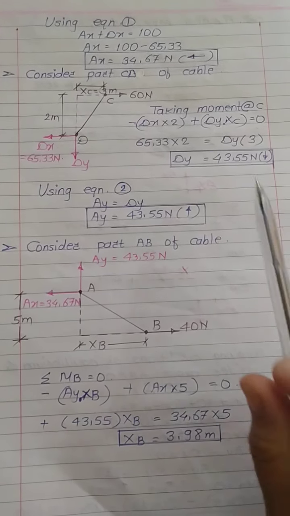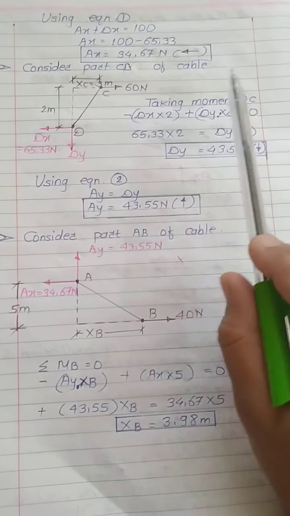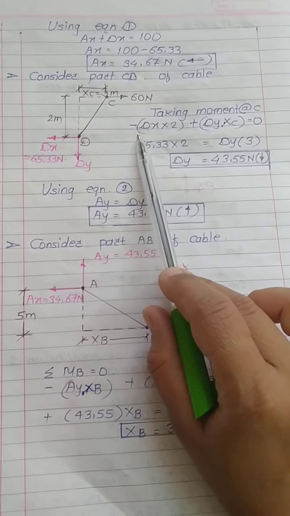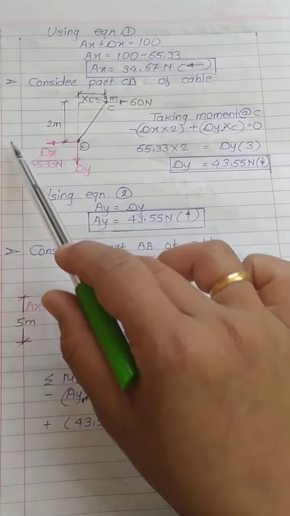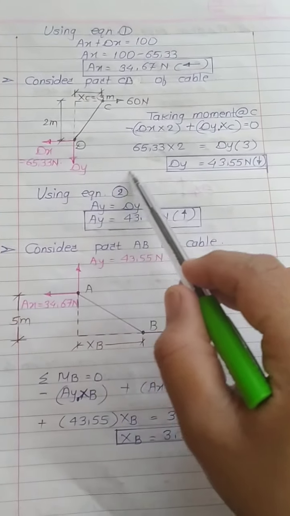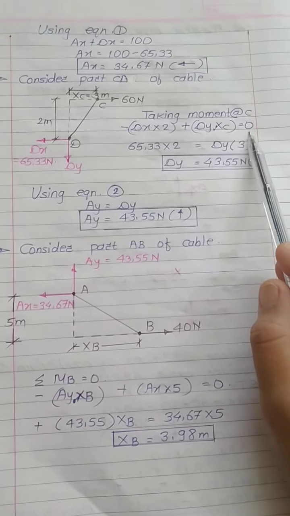Now use this equation. Moment about point C must be equals to 0. So according to sign convention, clockwise moment negative, anti-clockwise moment positive. So minus dx into 2 plus dy into 3 must be equals to 0.